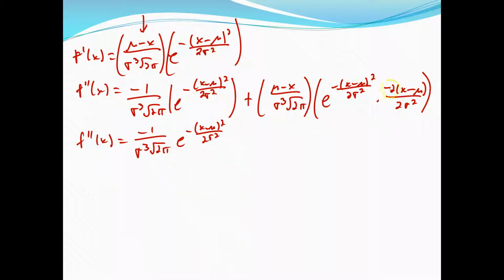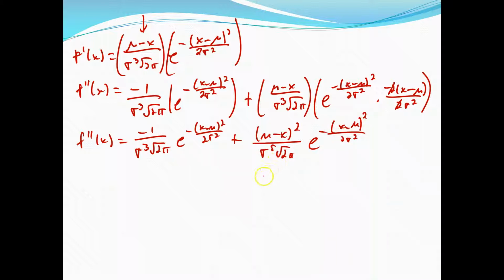And then let's mix all this together. So the 2's cancel. We have a negative, so this is mu minus x times mu minus x. So we have (mu minus x) squared divided by sigma to the 5th root 2 pi, and that is times e to the negative (x minus mu) squared, sorry, squared on the outside, all divided by 2 sigma squared.